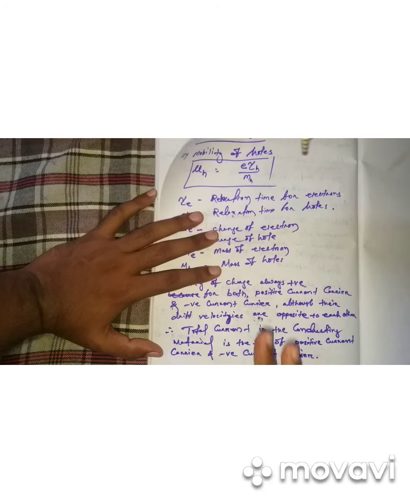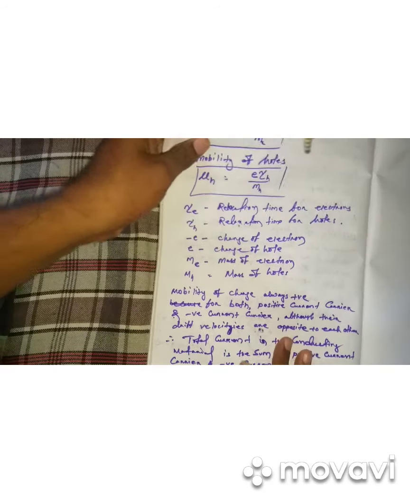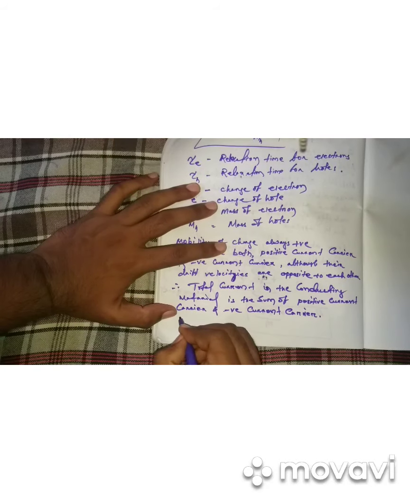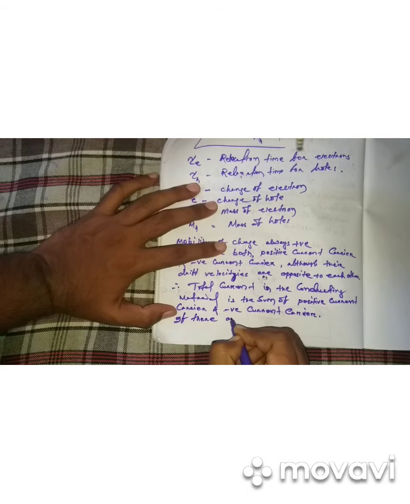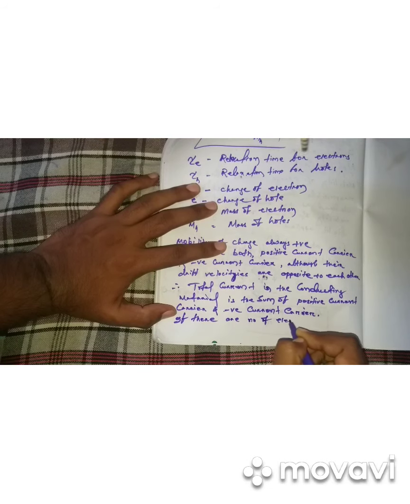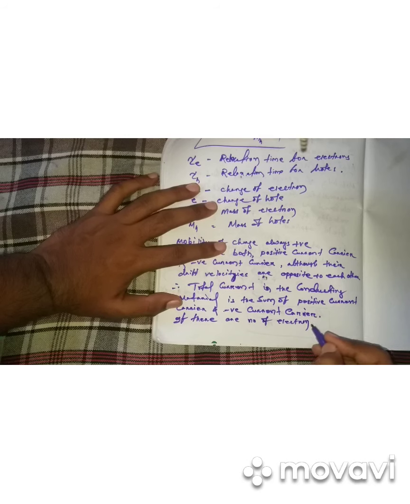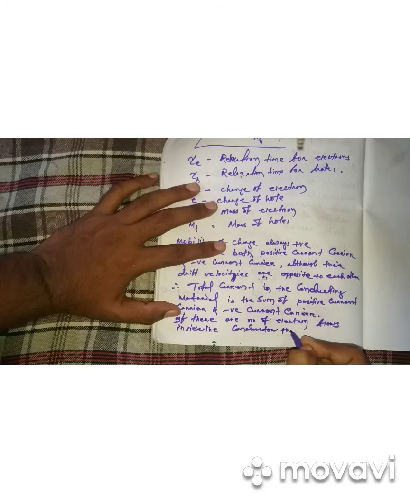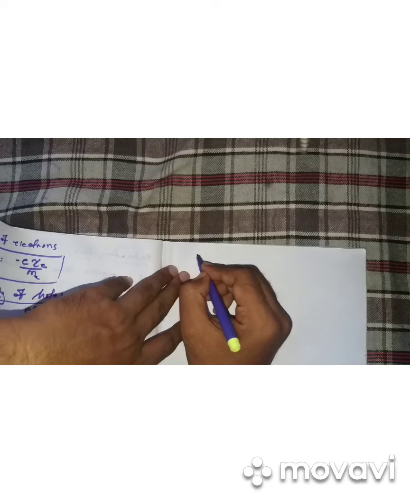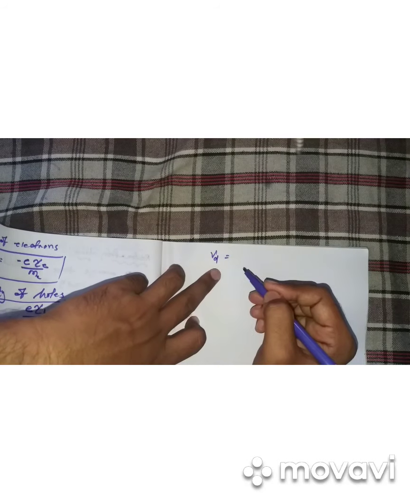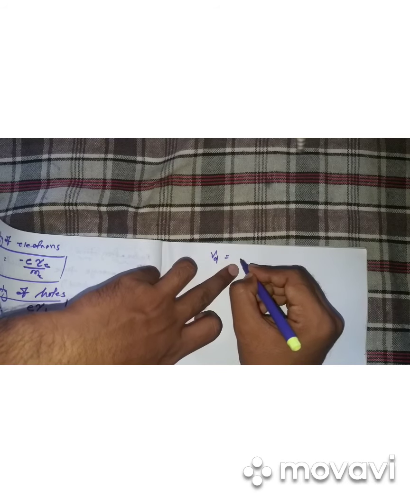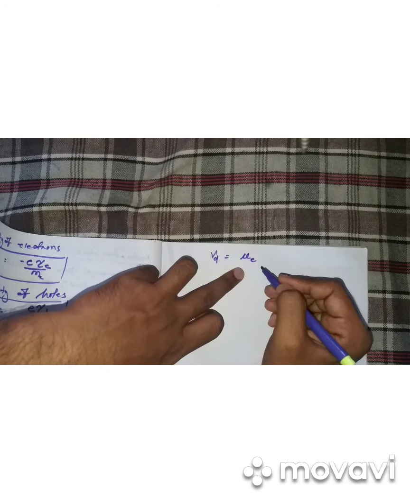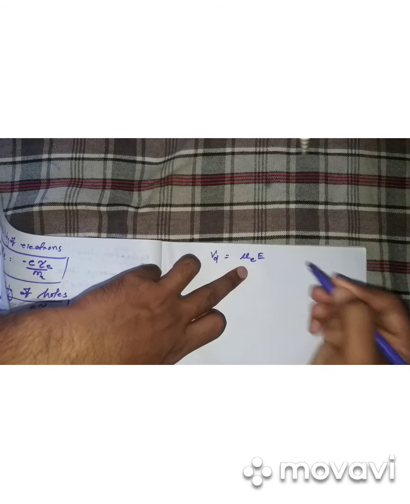If there are a number of electrons flowing inside the conductor, then drift velocity Vd is equal to mobility of electron into electric field.